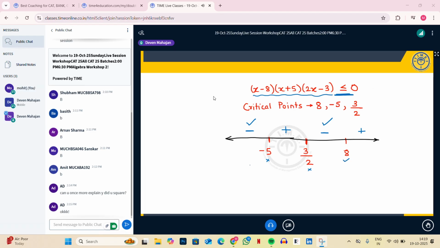8 itself is allowed. So your final range for x will be from -infinity to -5, excluding -5, union 3/2 to 8, excluding 3/2, but including 8. So this is your entire process of solving these kind of questions.